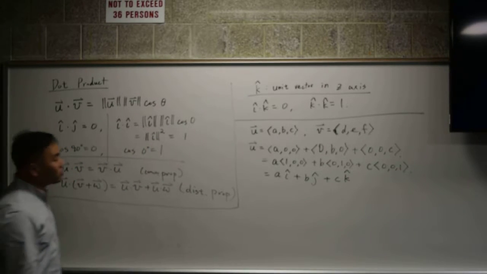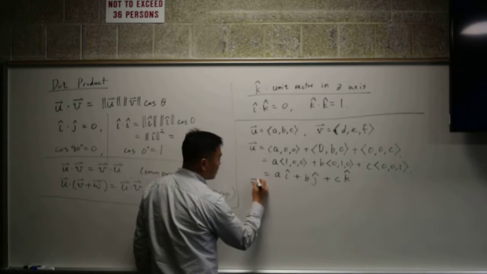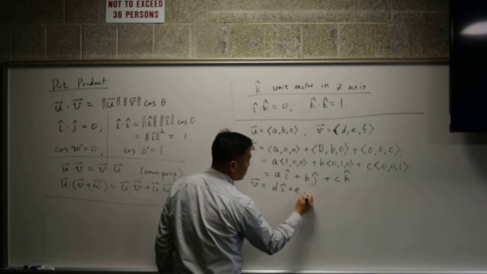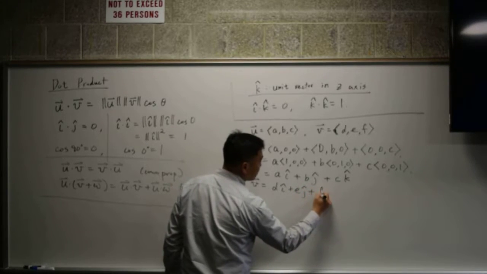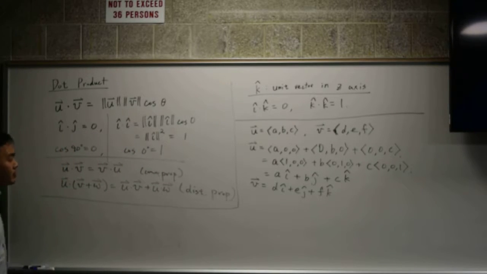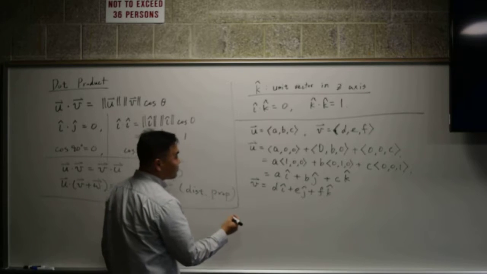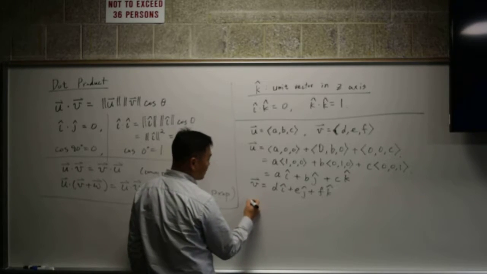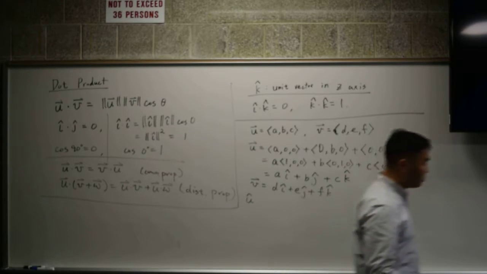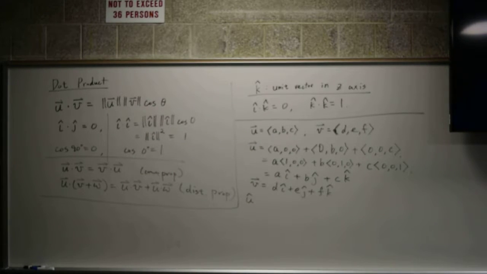And likewise, you can rewrite V as D I, E J, F K. And then let's try to figure out what U dot V will be.